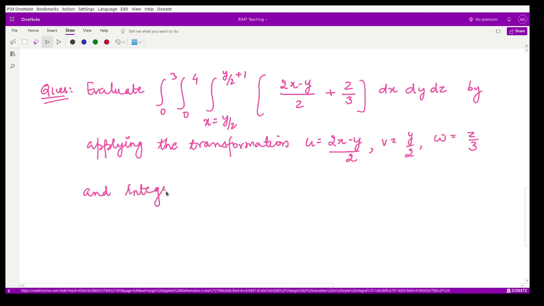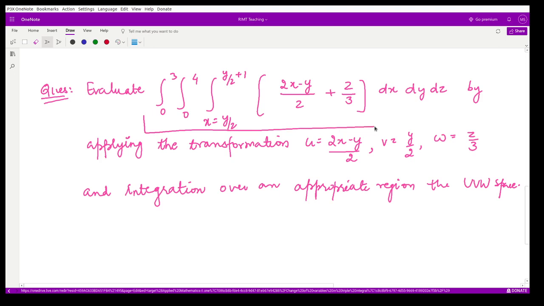The integration is performed over an appropriate region in the UVW space. That means we have to shift this triple integral, firstly using these transformations, into the corresponding UVW integral, and then solve it.